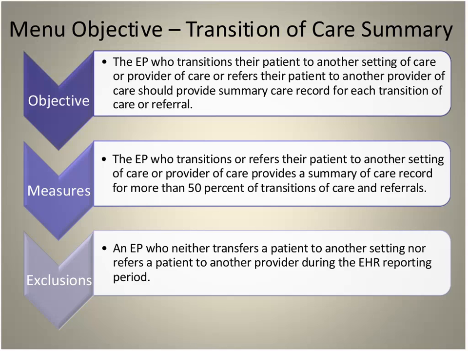So some specialists that really are perhaps not involved in direct patient care, but are still eligible for the EHR incentive program, and maybe in a specialty where they're not transferring patients anywhere or sending them anywhere, would simply be able to exclude this particular objective right here.